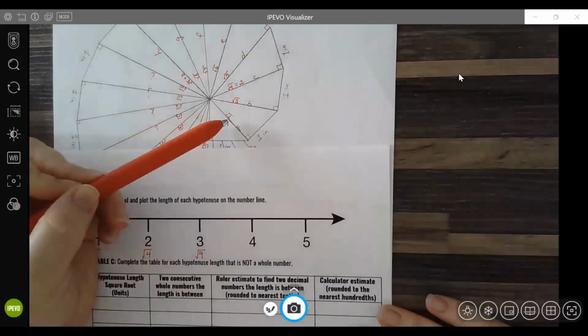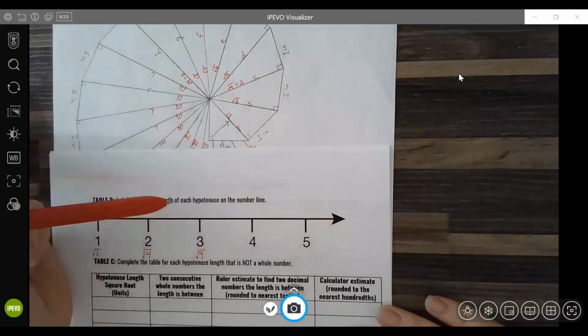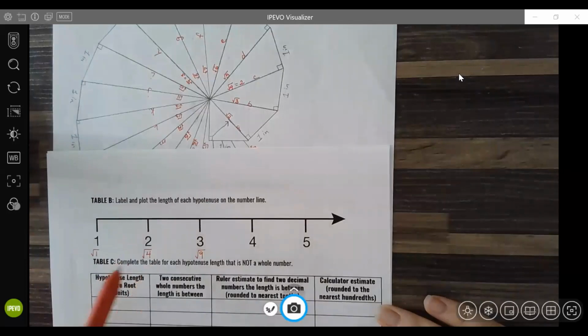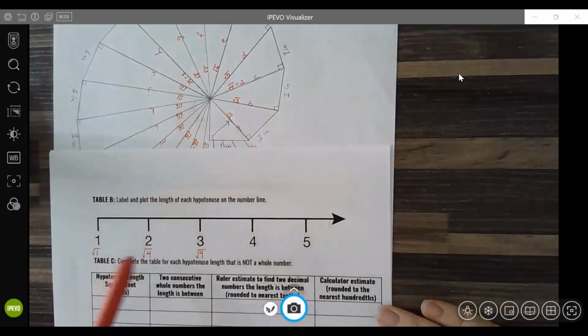So I have the square root of 2, I have the square root of 3. I might not know what to do with that, but since I've added this information, I say, okay, well, the square root of 2 has to be in between the square root of 1 and the square root of 4. I know that the square root of 3 also goes in between the square root of 1 and the square root of 4.